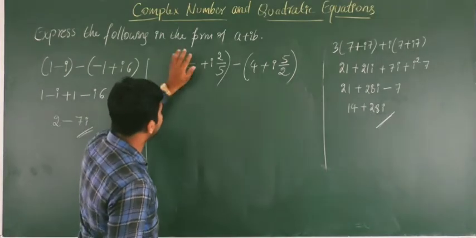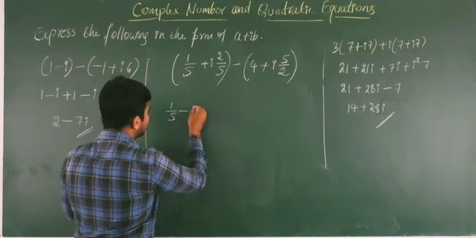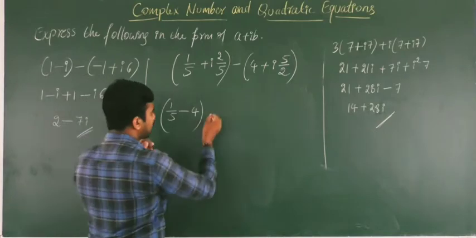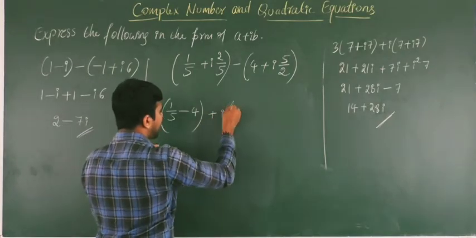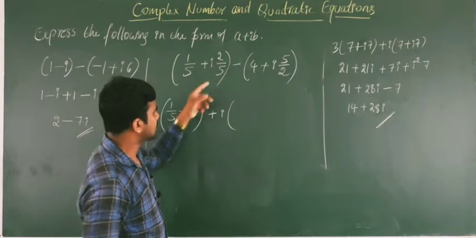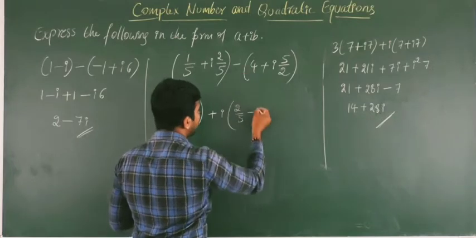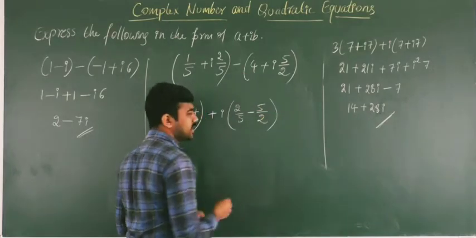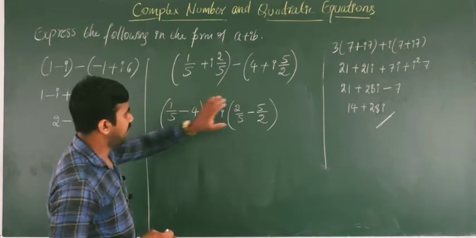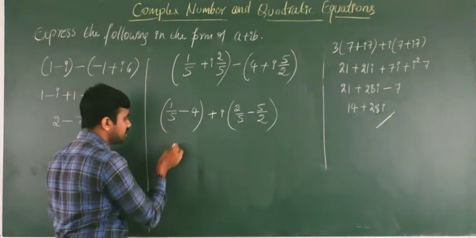See, 1 by 5 minus 4, subtract the real parts together, plus you write i inside the bracket, subtract the imaginary parts, that is 2 by 5 minus 5 by 2. Like this first you write, and now take the LCM and simplify. What is the LCM? 5 for the real part.